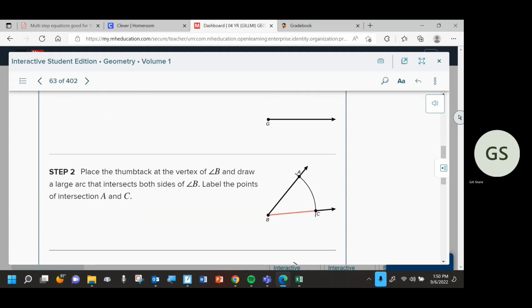First step is I take my compass and I would put the pointy end, so I guess that's called the thumbtack, the pointy end would go on the B, the vertex, and I would open it up to some length, like in this case, they're opening it up to this length right here. So they're opening it up to where it's as big as point C.